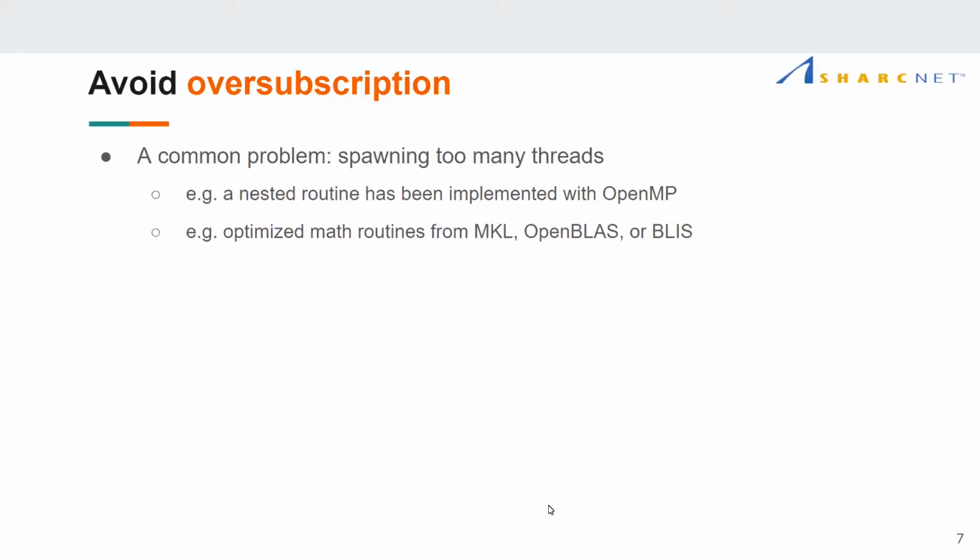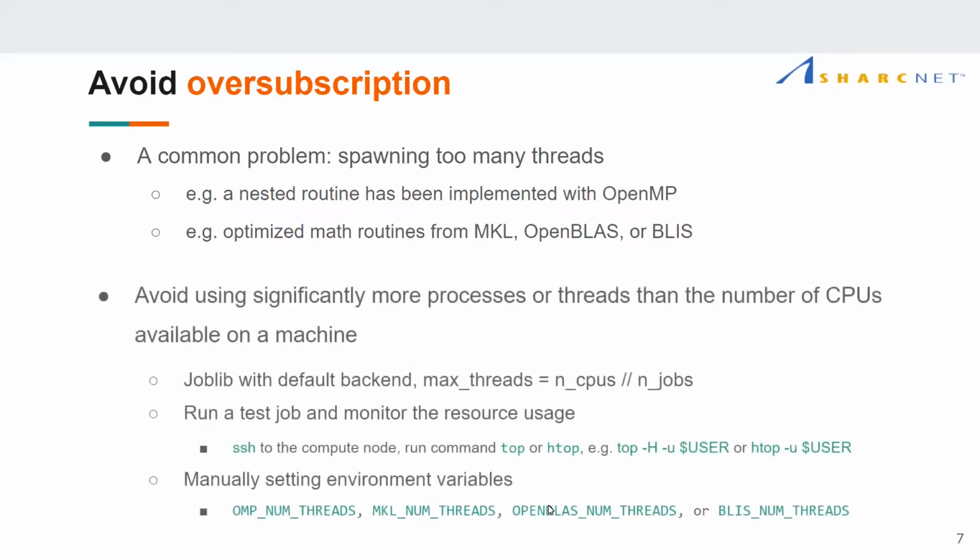Those threads and processes are executed concurrently on a limited number of CPU cores. That sometimes could result in an overly long running time because of the significant overhead caused by the frequent context switching among those threads and processes.